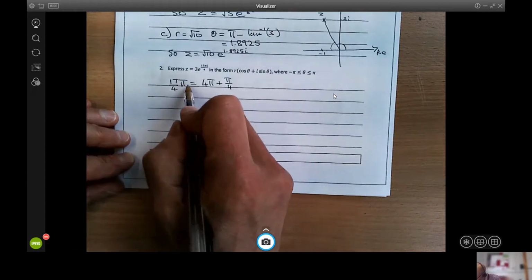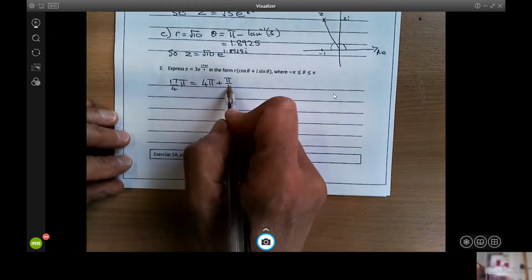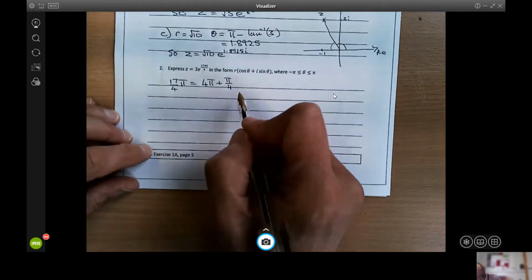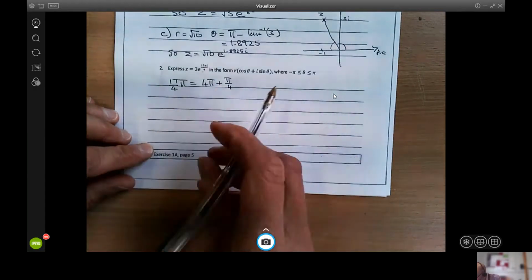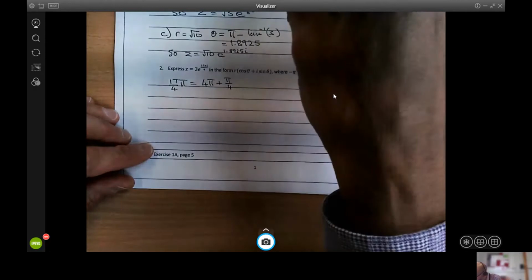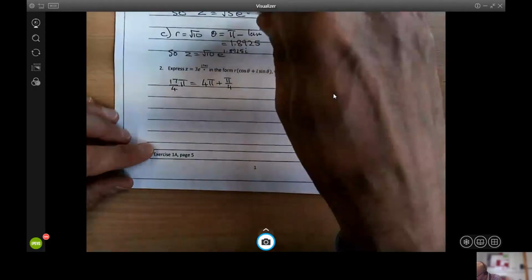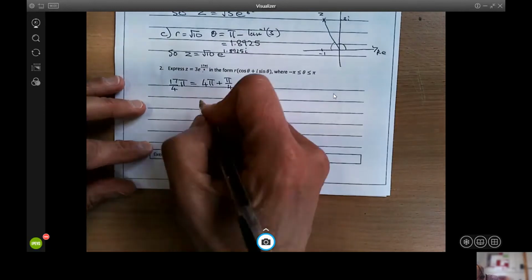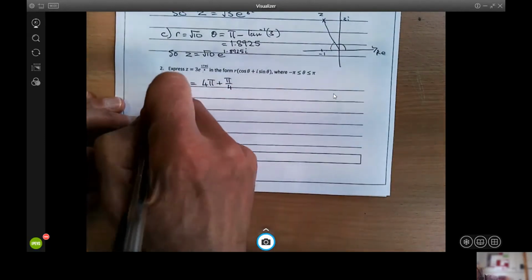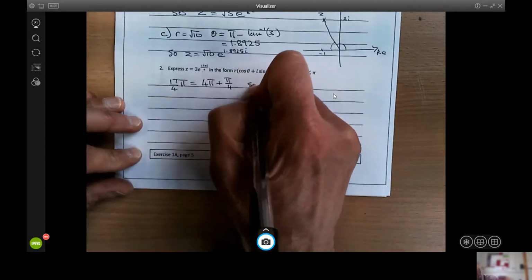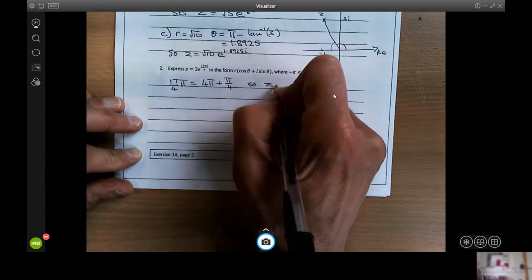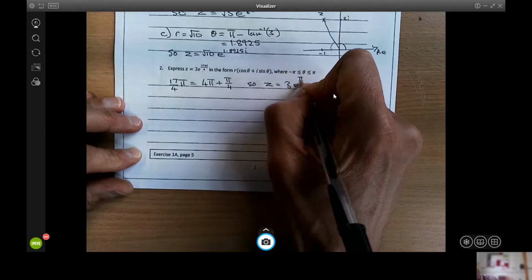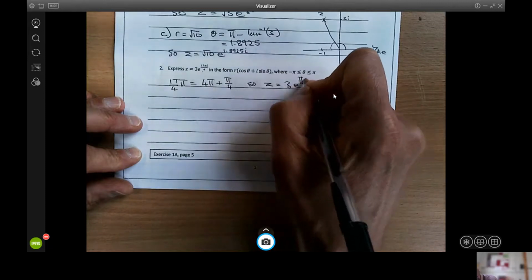So the argument of this complex number is pi over 4, because that 4 pi means we're going round 2 pi twice, and then another pi over 4. So z is equal to 3 e to the pi over 4 i.